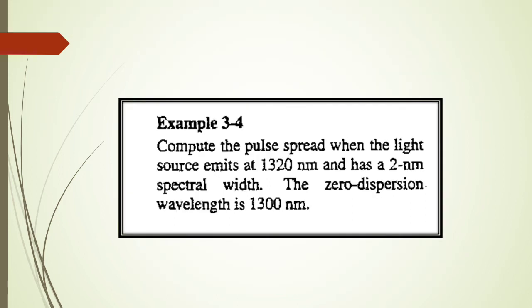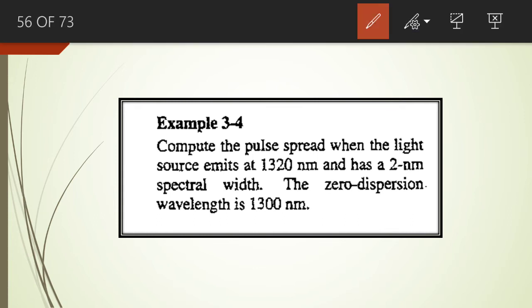So let us do example number 3.4. In example number 3.4, we need to compute the pulse spread when the light source emits at 1320 nanometer, which is the wavelength of the light, and has a 2 nanometer spectral width.